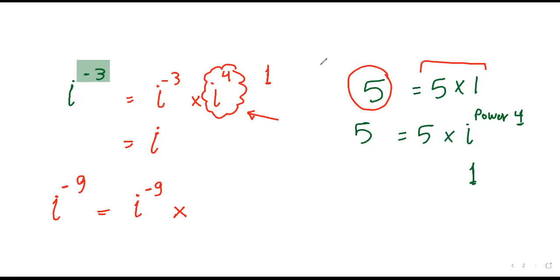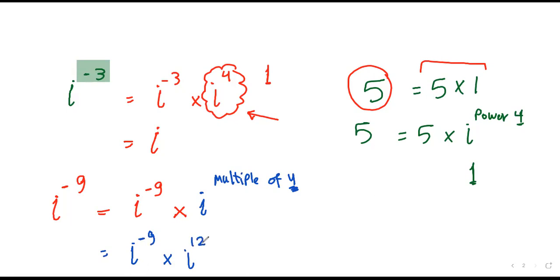But in this case, instead of 1 I will write i raised to the power of a multiple of 4 that is more than 9. So what is the multiple of 4 which is more than 9 directly? So i to the power of negative 9 times i to the power of 12.